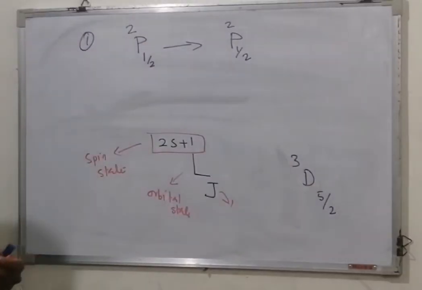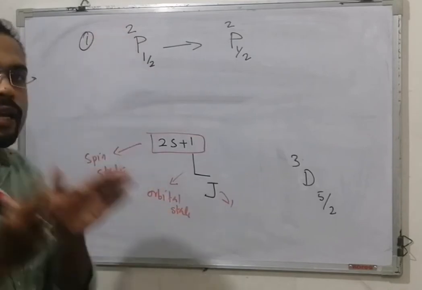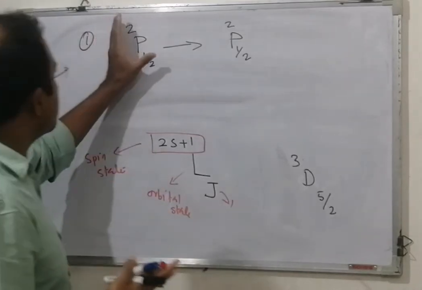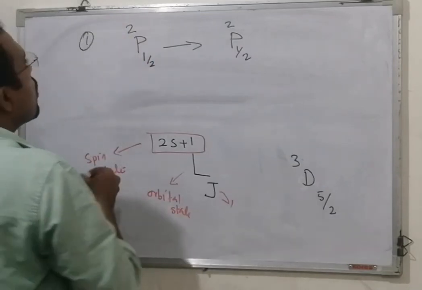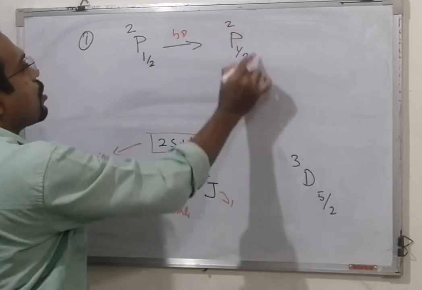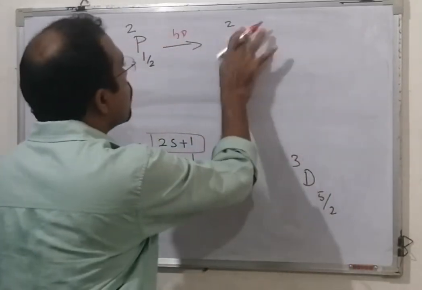Is this transition allowed? Remember, this is a term symbol. It represents an electronic state of an atom or molecule. From this electronic state, the molecule absorbs a photon and changes into another electronic state represented like this.